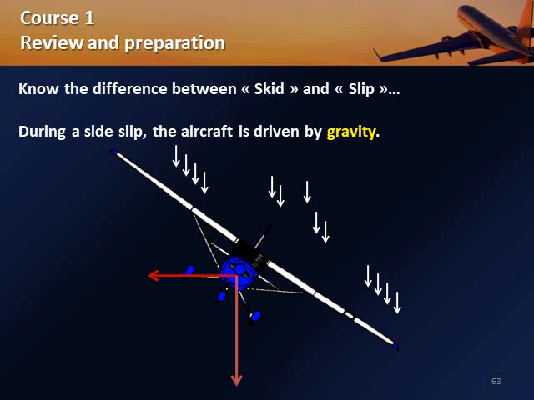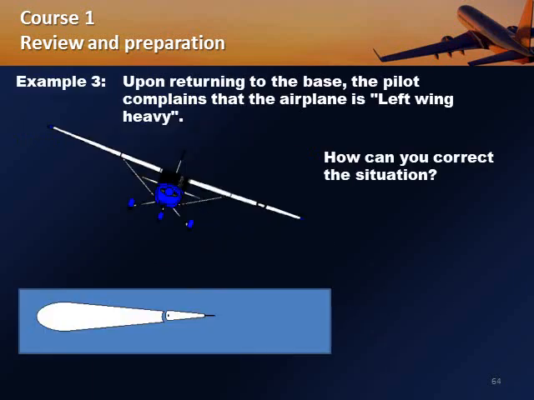So driven by gravity means you're losing altitude. In order to avoid that, you have to compensate with rudder. So in a coordinated turn, you have to compensate with rudder and a little bit more elevator in order to maintain altitude while you're turning.